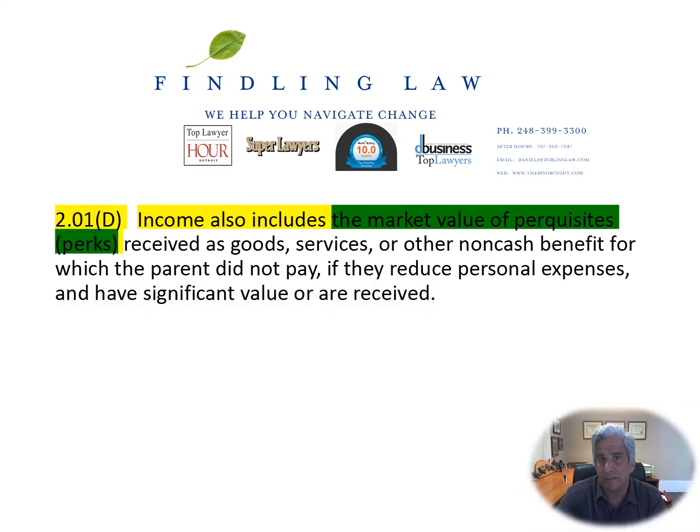Now this is getting a little bit more interesting when we talk about income, because perks, whether it's a car allowance, whether it's paid vacation time off, can also be considered income for purposes of child support and alimony.